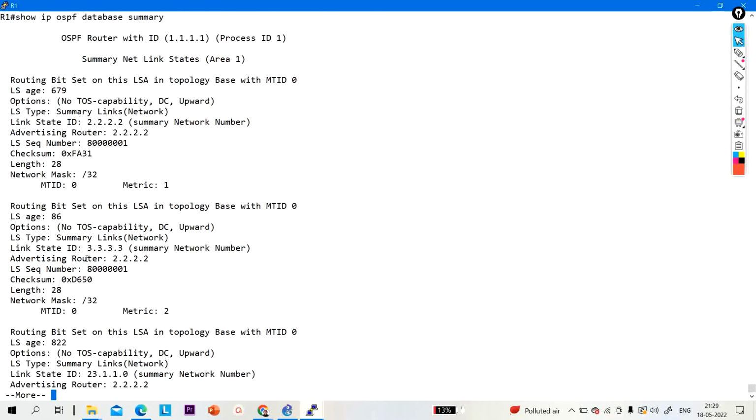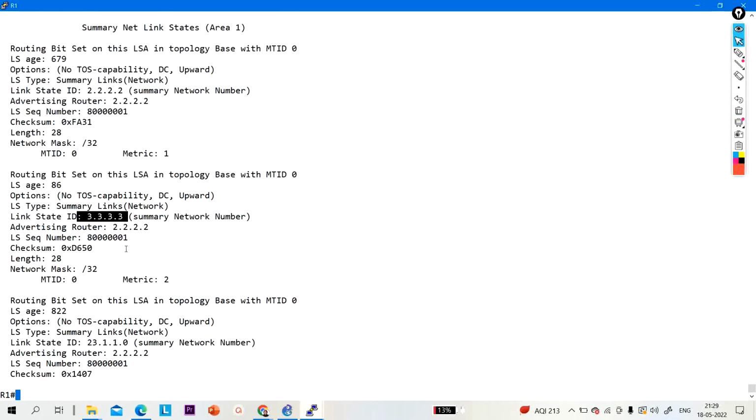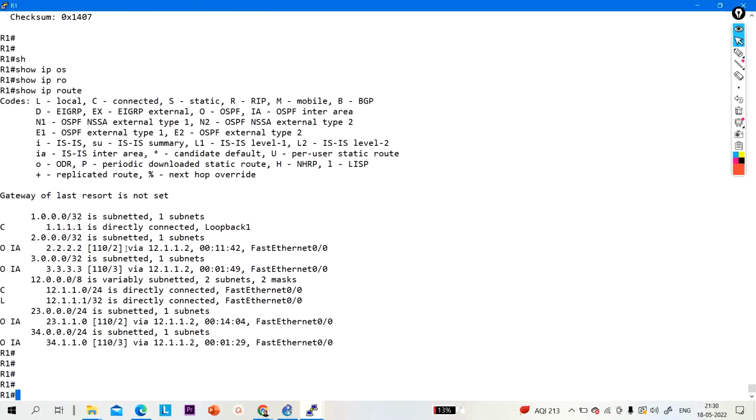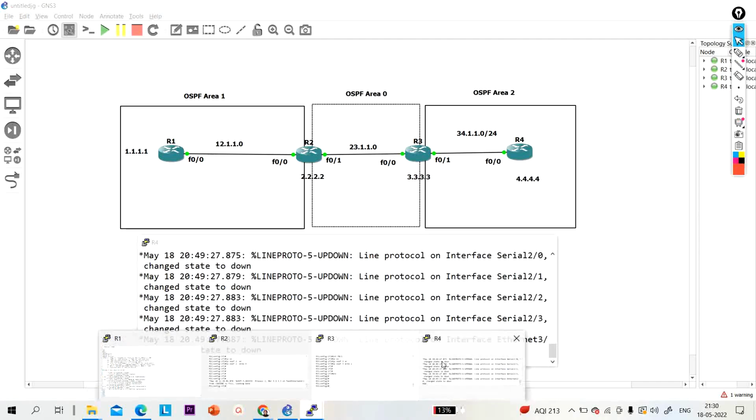There is 3.3.3.3 and cost for 3.3.3.3 from ABR is 2, and cost from me to ABR is 1. So total cost for this network will be 3. So show IP OSPF, so show IP route. By running which algorithm is this router calculating cost? SPF algorithm. Okay.